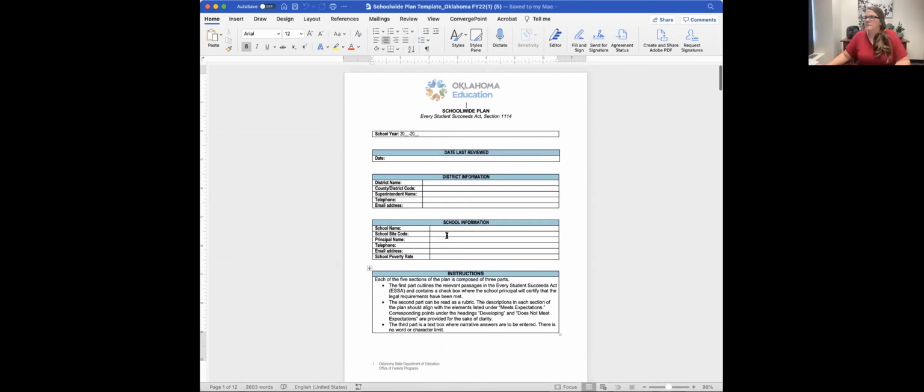So we're going to walk through the 5 different parts of the school-wide plan and the 6 different parts of the targeted assistance plan together, but this is just the general template. So we're going to hop back into our PowerPoint here.